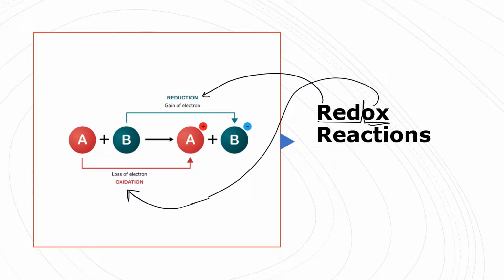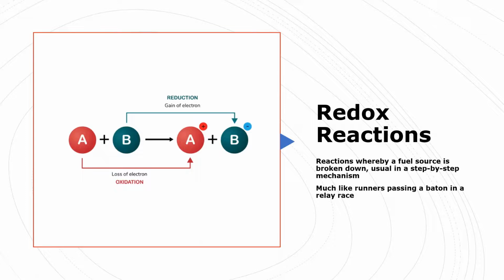We're going to be reducing something through reduction and oxidizing somebody at the same time. So let's think about this a bit more in detail. If you want to think about redox reactions, this is very much like runners passing some kind of a baton in a relay race, except instead of a baton, it's going to be electrons that are going to be passed off back and forth.